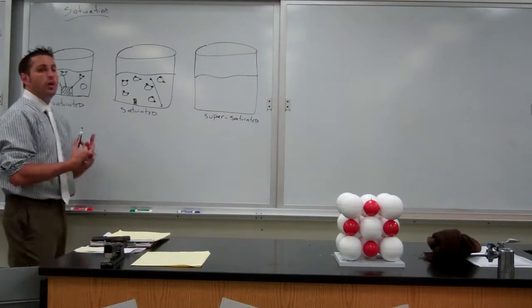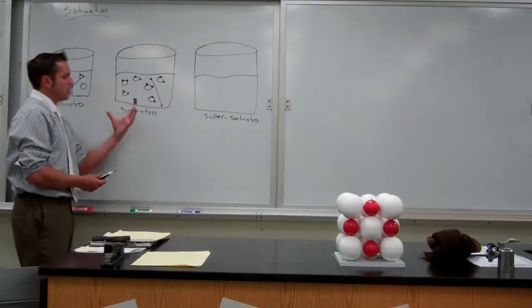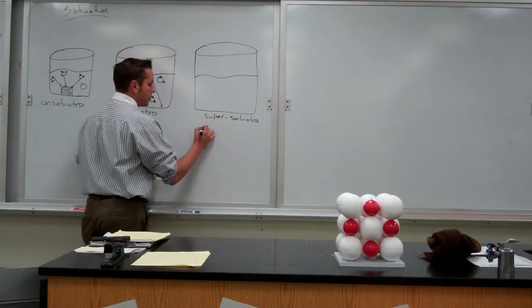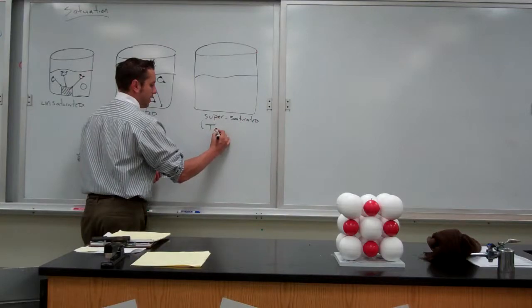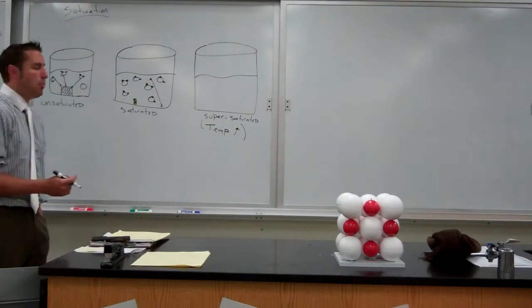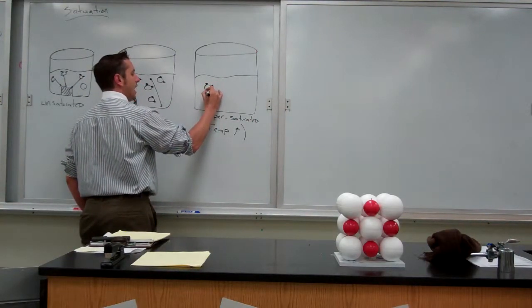A way to convince the waters to hold additional solute particles would be to supersaturate it. And most often, we do that through a temperature increase. We give the water molecules more energy by increasing the temp.